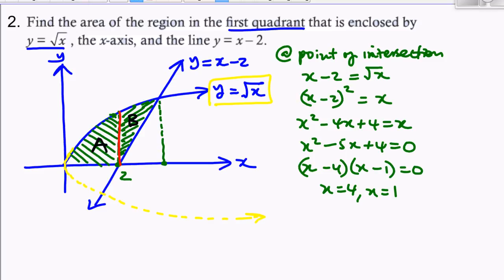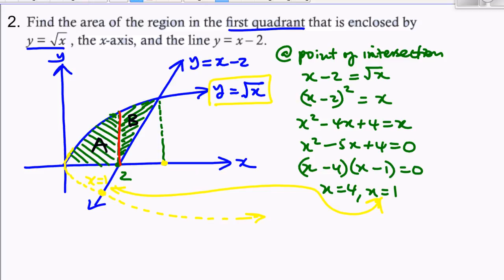So this is the point where x equals 1. It's this part here, but we're not interested in that part. We're just interested in this part here. This is where x equals 4, and this is what we can see there.